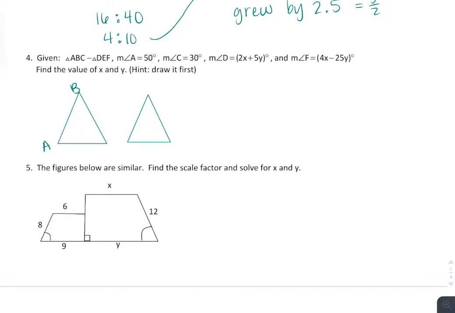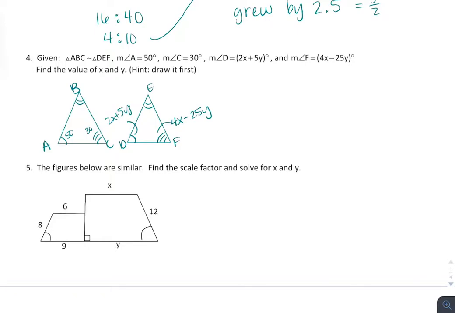So A, B, C, D, E, F. Angle A is congruent to D, B is congruent to E, and C is congruent to F. So when angle A is 50 degrees and angle C is 30, angle D is 2x plus 5y, and angle F is 4x minus 25y, then we just have some things that we need to set equal to each other.